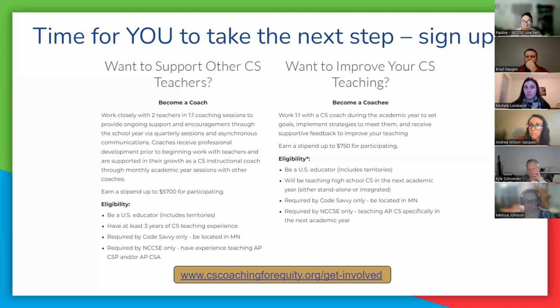So we did open that up, but we gave priority to those who were really newer to teaching computer science. And then for Minnesota, it was just teaching high school CS in the next academic year and being located in Minnesota.